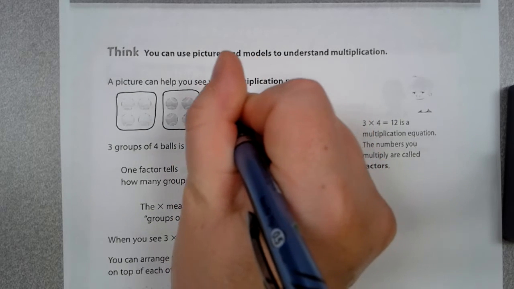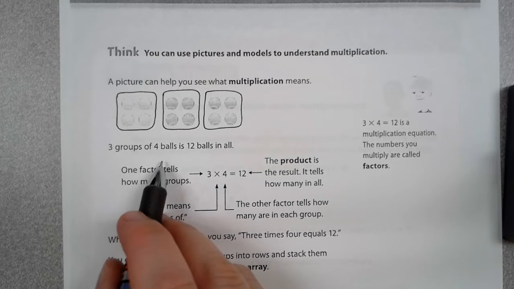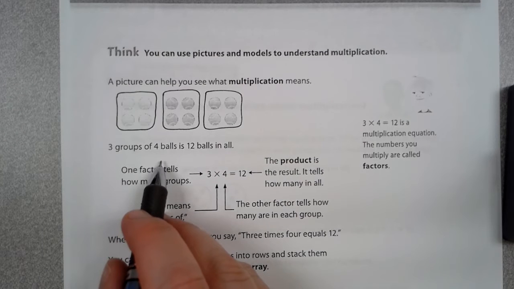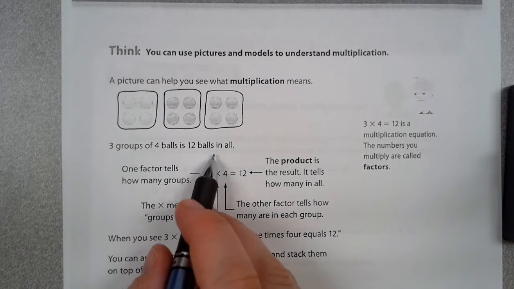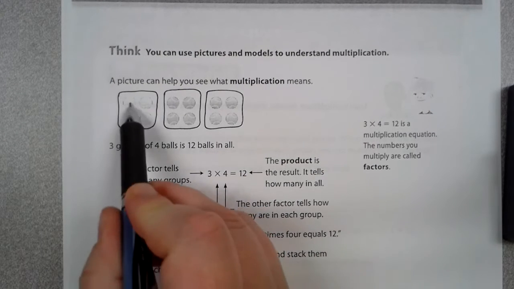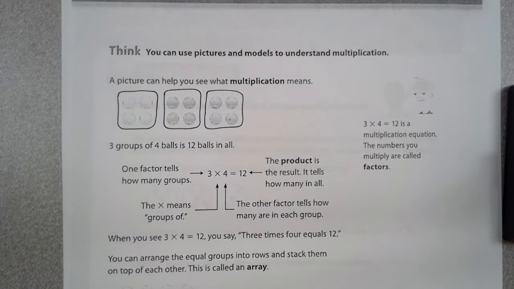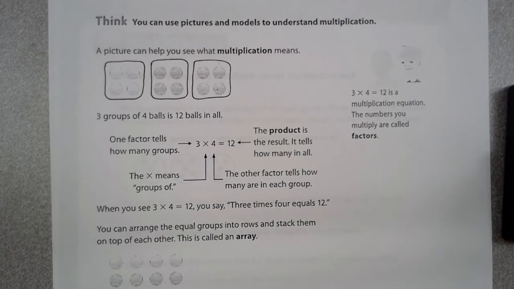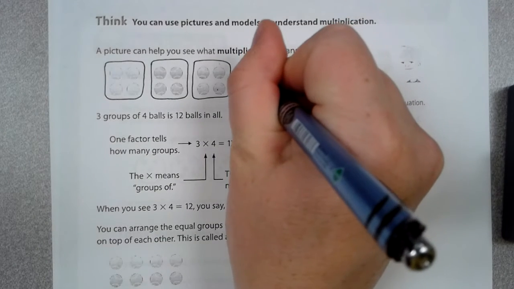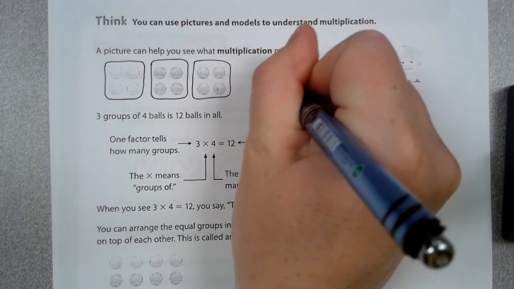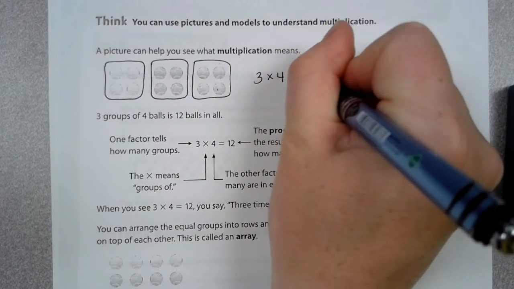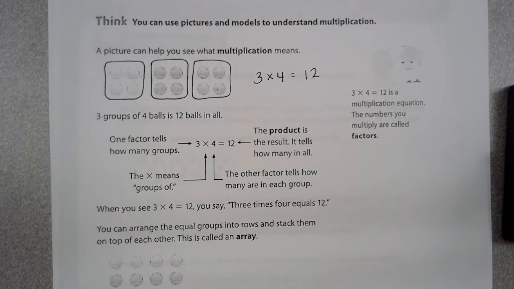So we have 3 groups of 4 balls. That's 12 balls in all: 1, 2, 3, 4, 5, 6, 7, 8, 9, 10, 11, 12. So that means 3 groups of 4 objects equals a total of 12 objects.